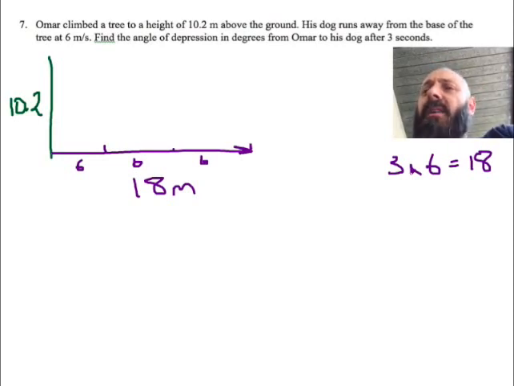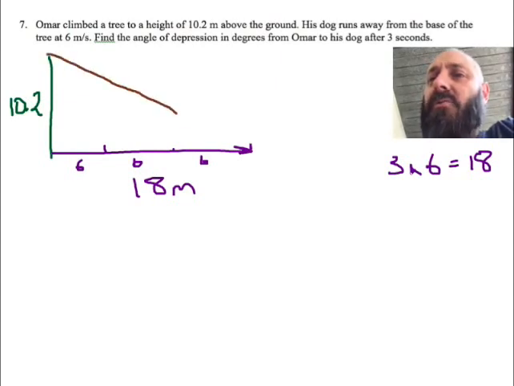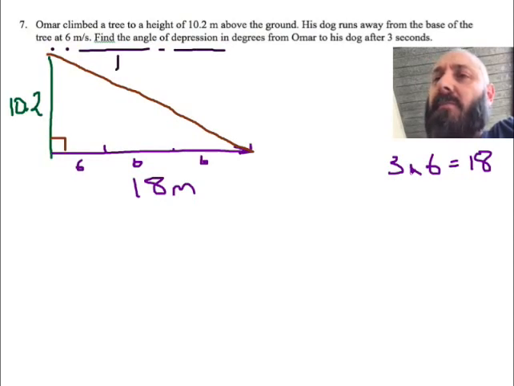Then you need to find the angle of depression. So I'm going to draw that in and try and do a good job of that. I've got a right angle triangle, which is pretty sweet. But what you probably remember is the angle of depression is the angle when you look down.